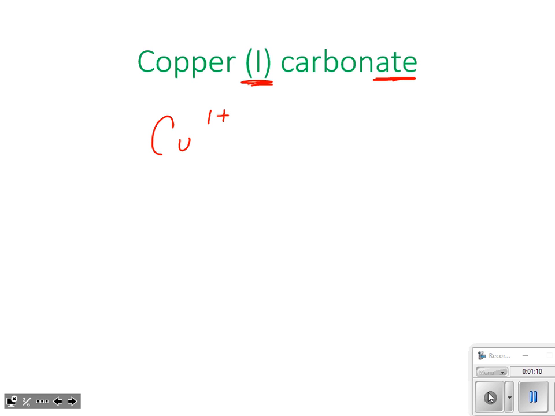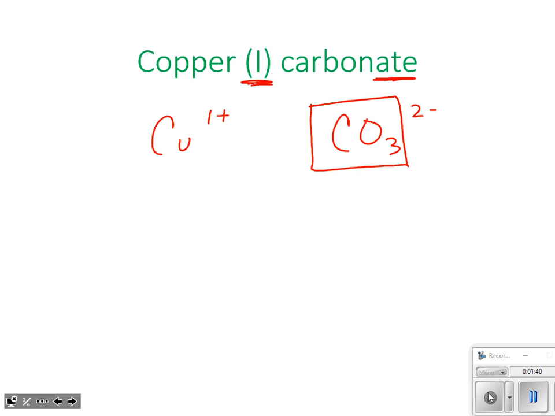When I'm looking at carbonate, I see that it is CO3 2-. Whenever I have a polyatomic, I always put a box around it. That box tells me that when I finish, I better still have CO3, because if I don't have CO3, I've changed it to something different.